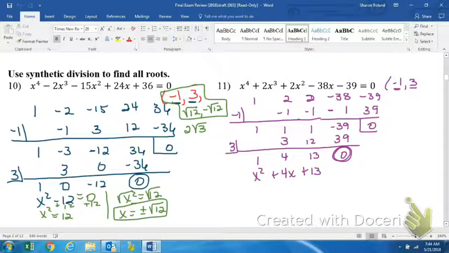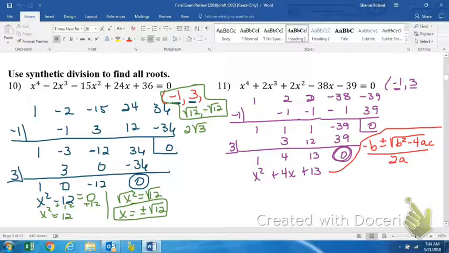And so the factors of 13 that add up to be 4, there aren't any. So the only way to do this is put it into the quadratic formula, which is negative b plus or minus the square root of b squared minus 4ac over 2a.